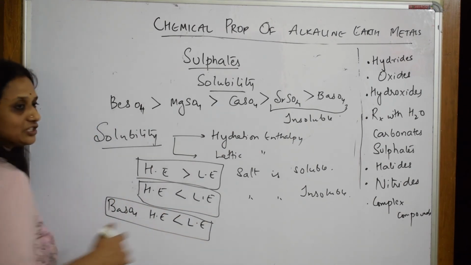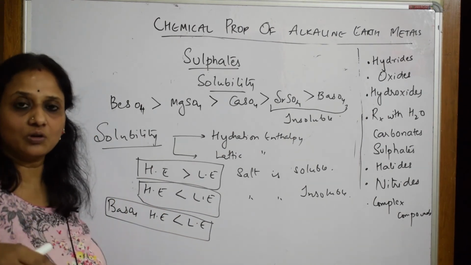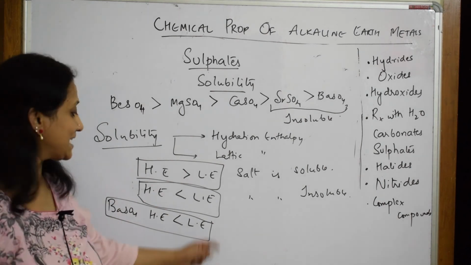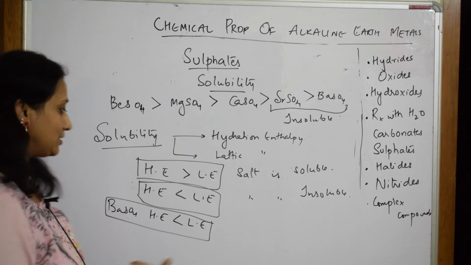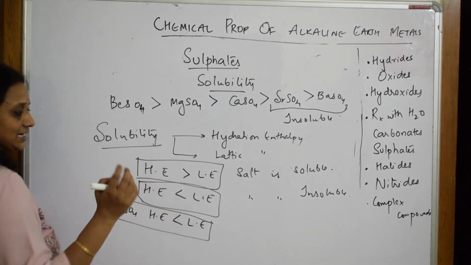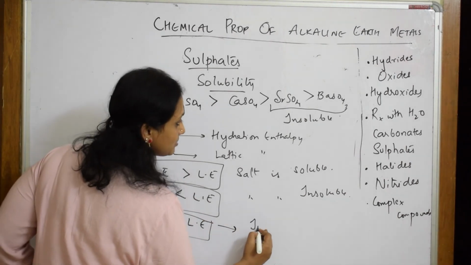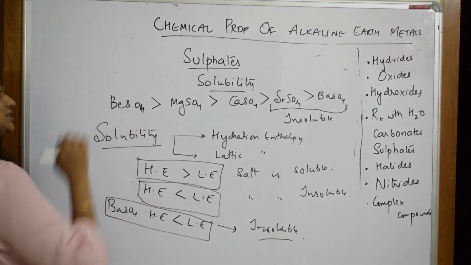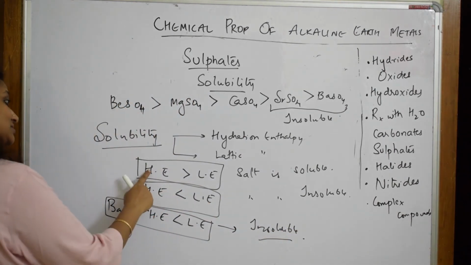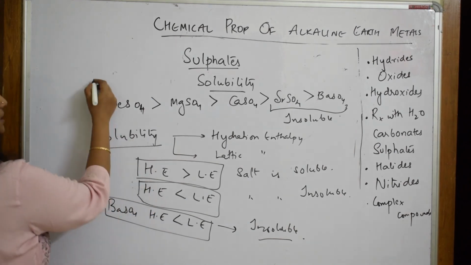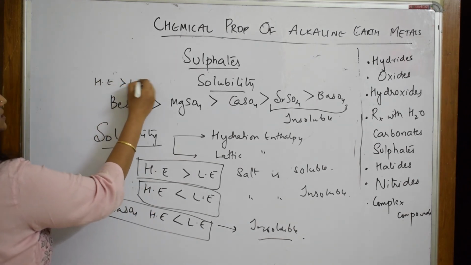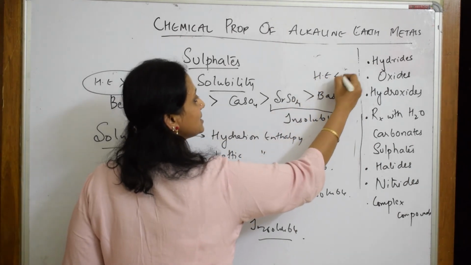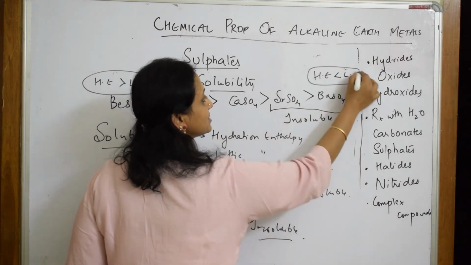The amount of energy associated when one mole of an ion is formed from its gaseous atom is lattice enthalpy, isn't it? So hydration enthalpy is less than lattice enthalpy, hence barium sulfate is insoluble in water. For beryllium sulfate, it is the other way around: hydration enthalpy is greater than lattice enthalpy. In case of barium sulfate, hydration enthalpy is less than lattice enthalpy. That's it.